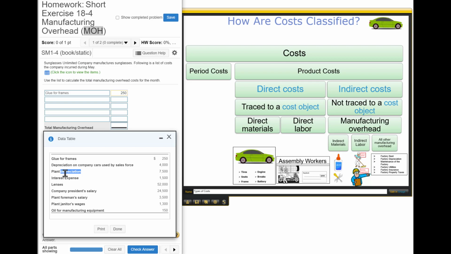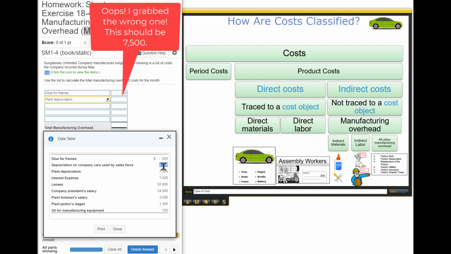Plant depreciation. This is a product cost because the plant helps make the sunglasses, and you can't tie depreciation specifically to a pair of sunglasses. So this is a manufacturing overhead. Plant depreciation, $4,000.